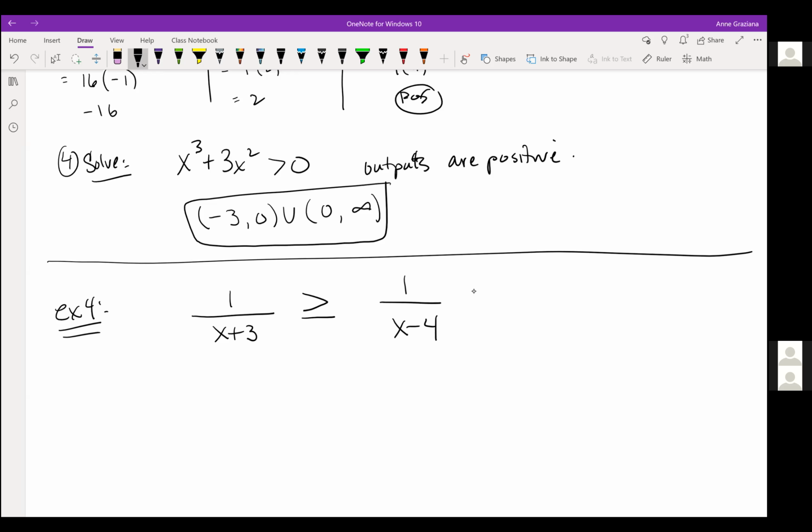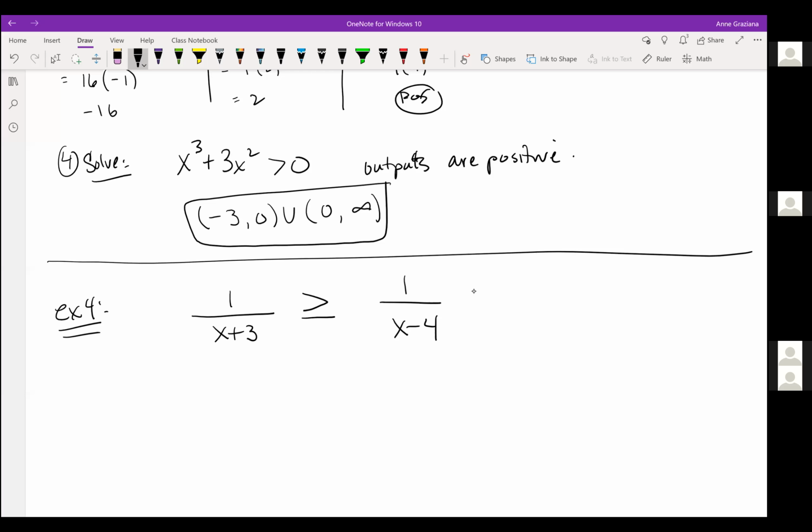All right, so what should we do first here? How about Layla? What would you do first? Subtract the 1 over x plus 3 to the other side. You could do that, but what I want to do is get everything on the left side.